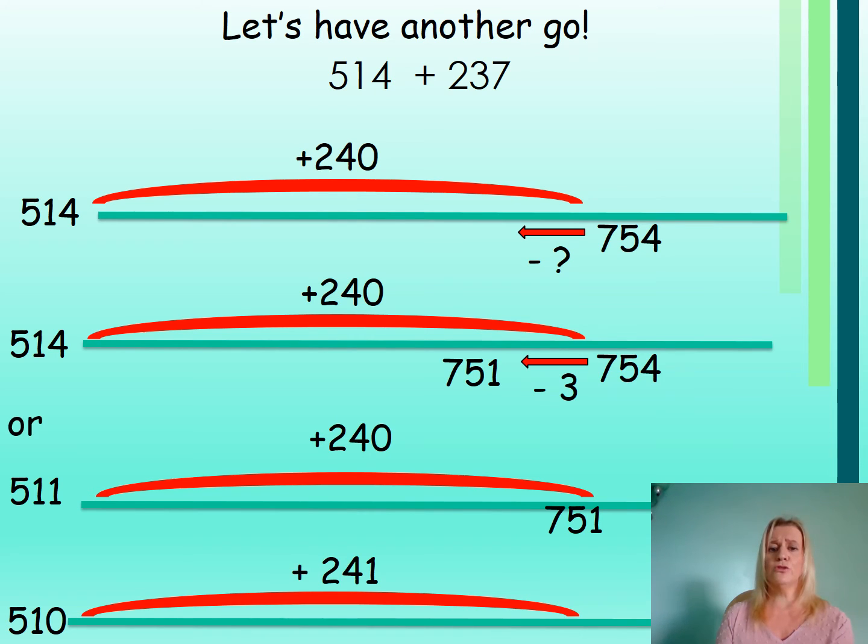We need to add on 241, because 241 is 4 more than 237. What do you think the answer would be? You're right, it's 751. Look at all the different ways we get to the same answer. You have to figure out which one works best for you and which one is efficient.